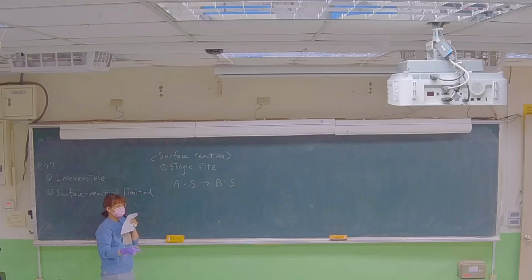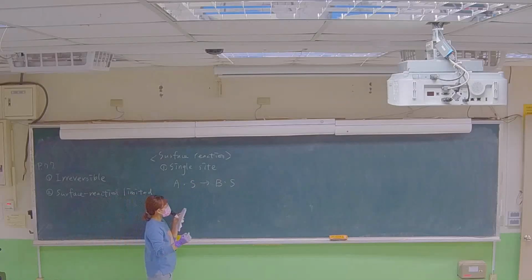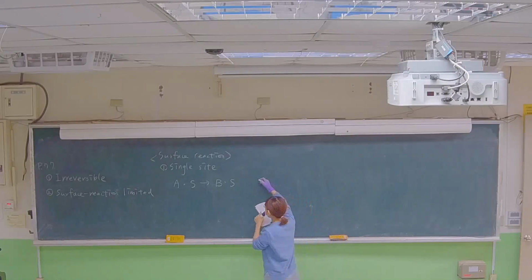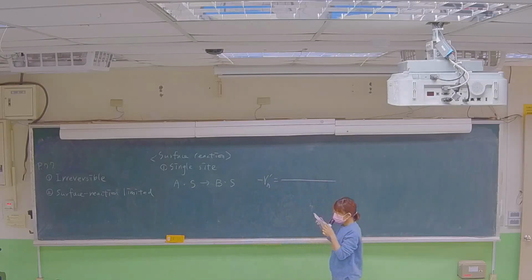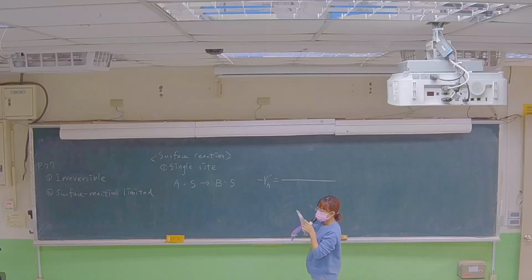So only A is adsorbed on a single site of the catalyst. For this kind of surface reaction, let me show you how to write down the rate law. Okay, you don't have to draw so many processes. We can write it down directly.